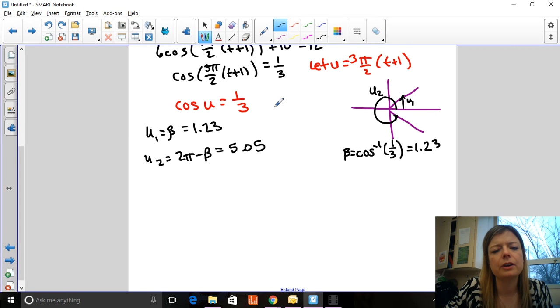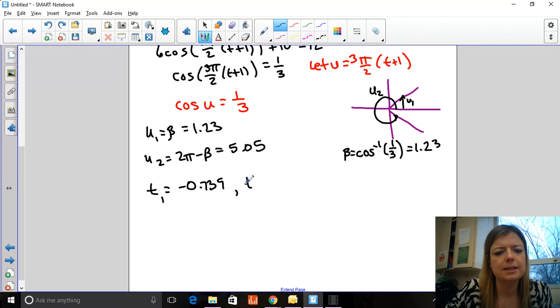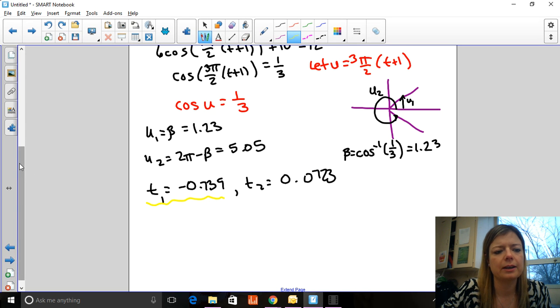So now we convert these into time. So I'd invite you to set these equal to what this is and solve for it. What you should find is that t1 equals negative 0.739 and t2 equals 0.0723.